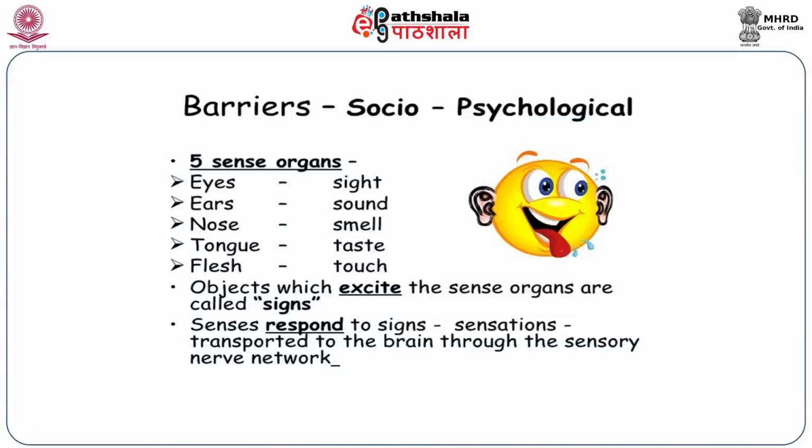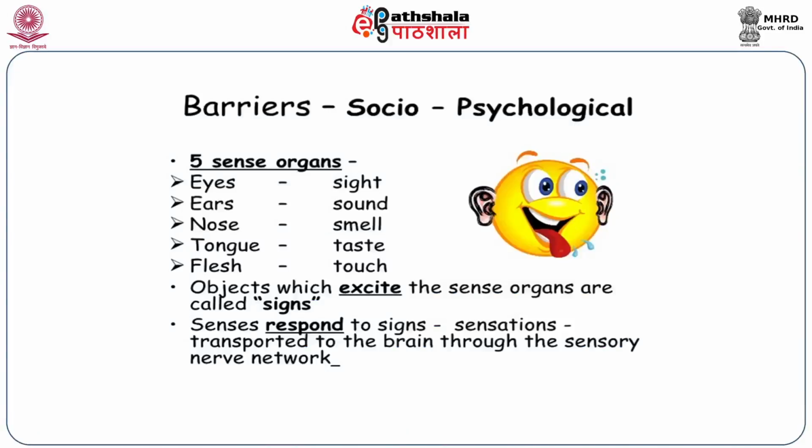So a sender, or a person who is communicating, should take care about what he is communicating, to whom he is communicating, and in what circumstances he is communicating. All these factors also affect the speed of communication.